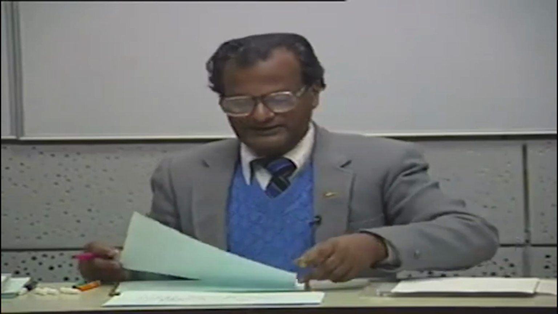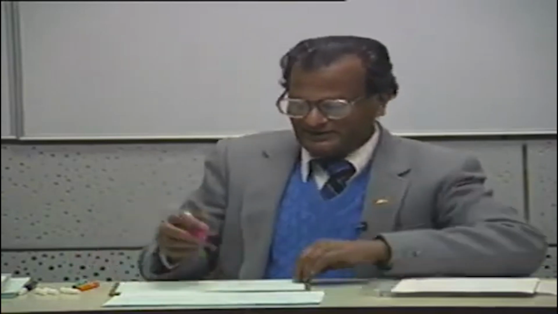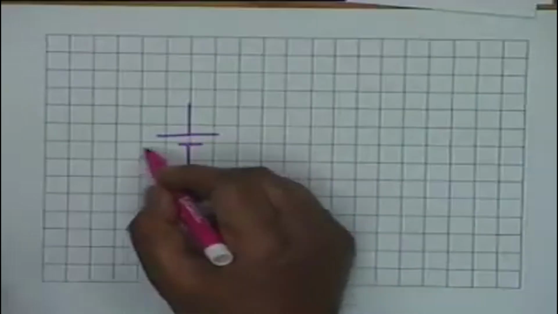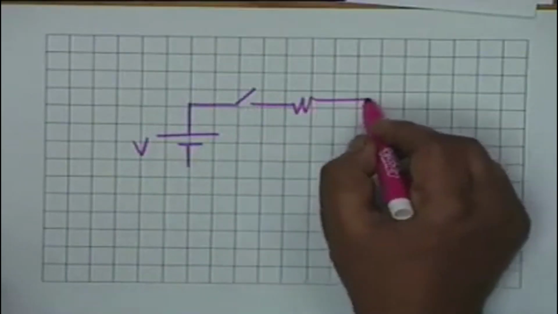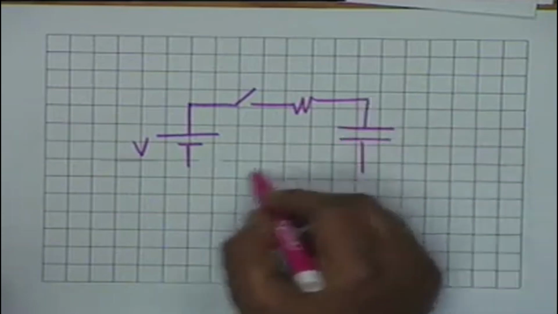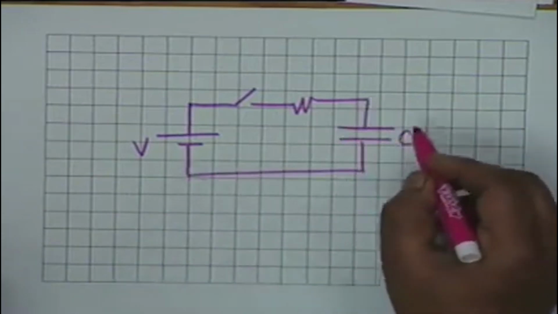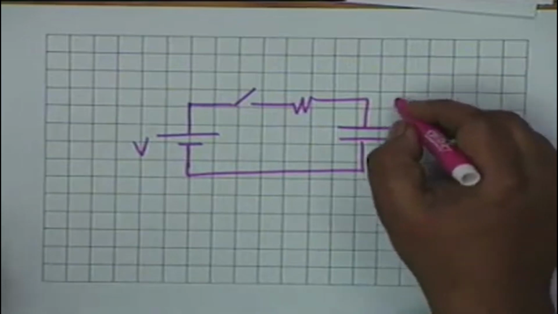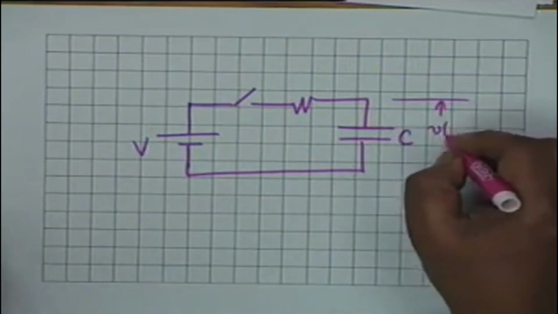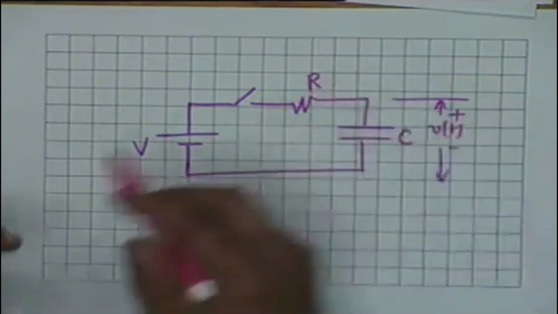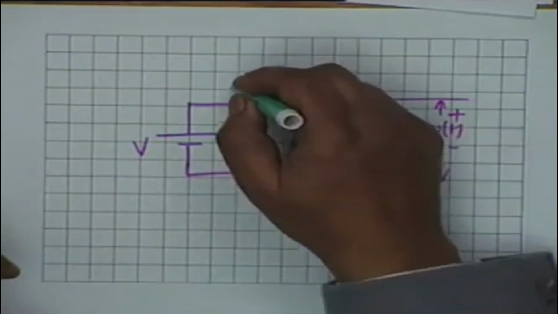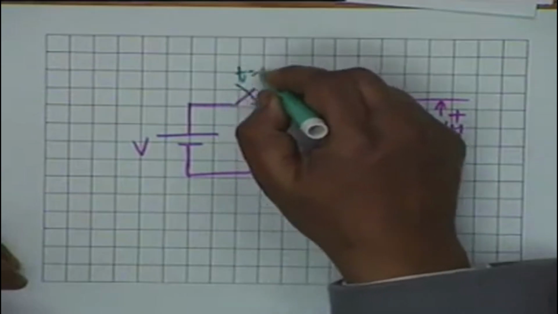Or let's say we have a battery V, we have a switch, and then we have a resistance, and then we have the capacitor C. Suppose we measure the voltage across this, V of t across the capacitor C. This is resistance R, and this switch is put on at t equal to 0.